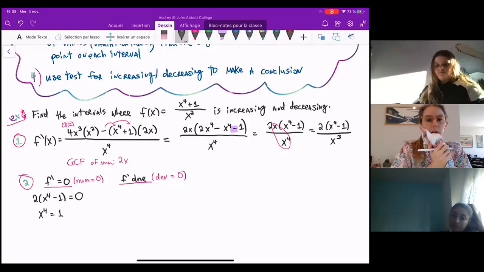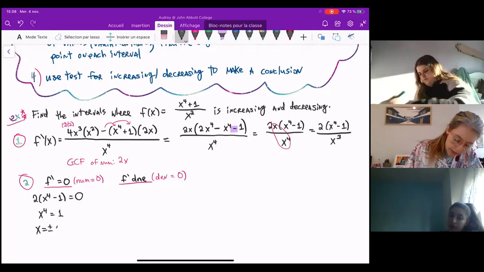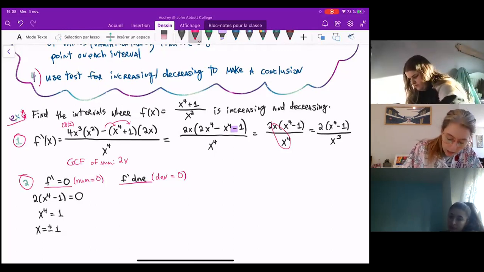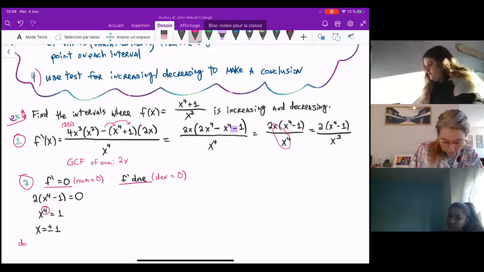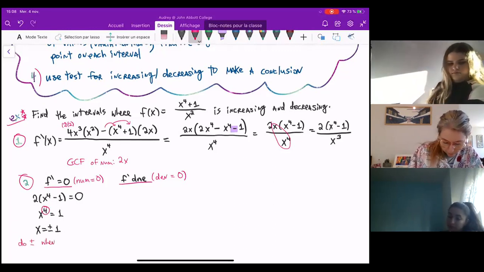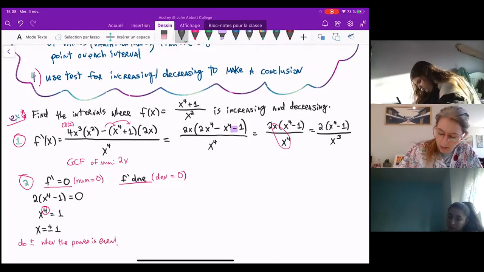You got it, Gwen. So this is going to give me x is equal to plus or minus 1. So anytime the power is even, we must do plus minus.